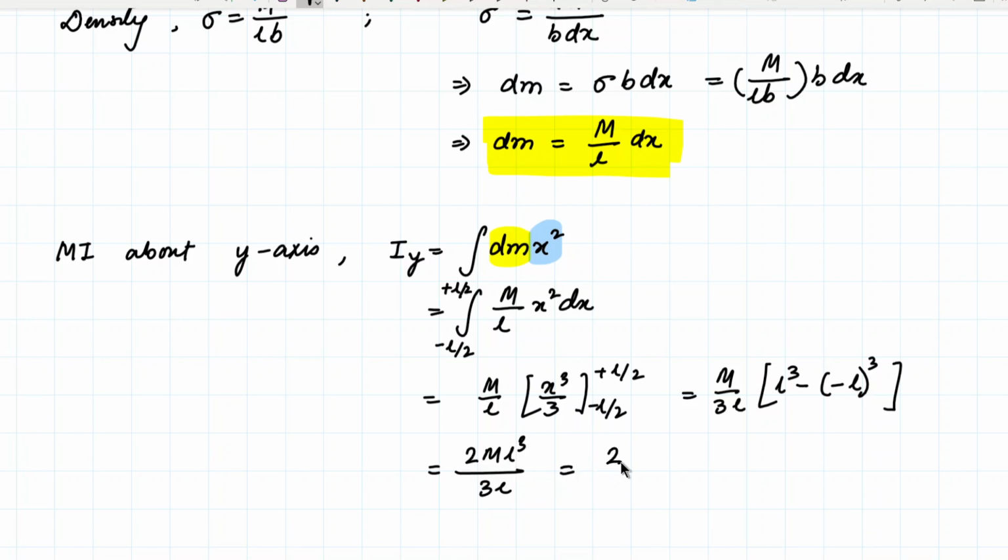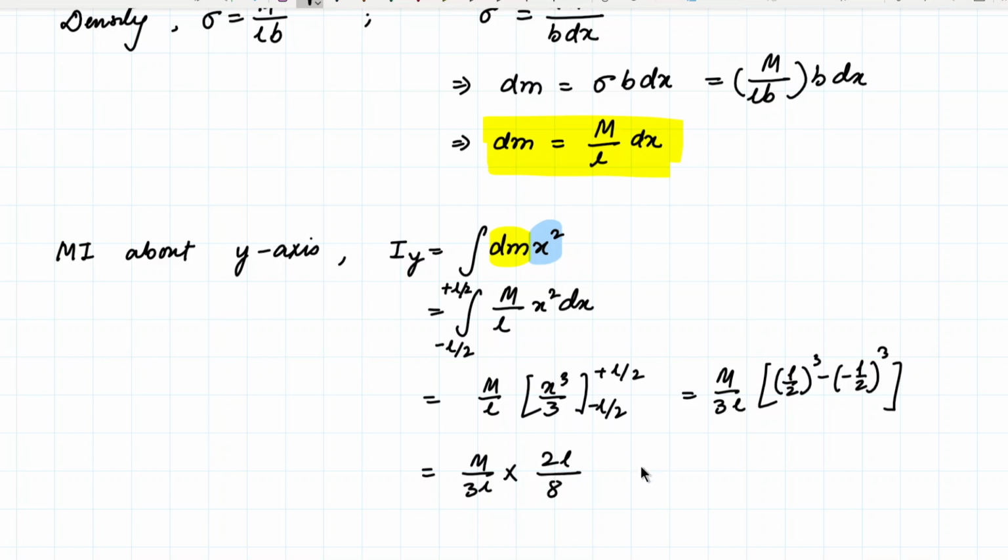Okay, this becomes 2m L cube upon 3L. So this is equal to 2 by 3 ml square. No sorry, it is L by 2 here, one second. This is L by 2 cube minus L by 2 cube. So this is equal to m upon 3L into 2L cube upon 8.